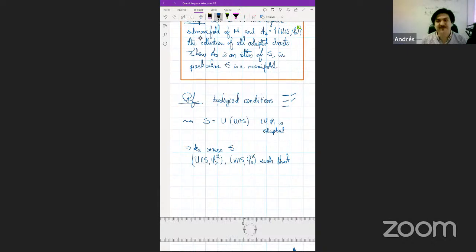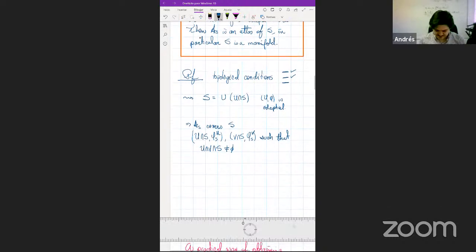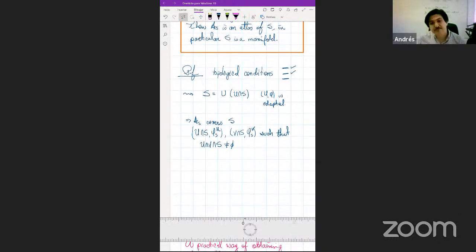U and V, not only S, right? So let's assume that U intersection V intersection S is non-empty. And for the proof, let's do a sketch of all of this.